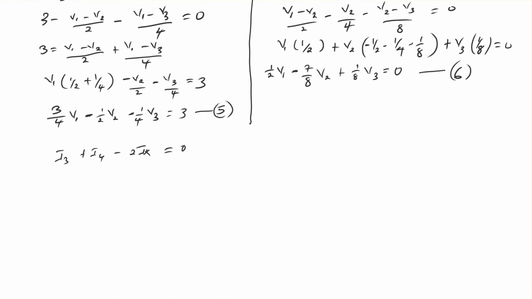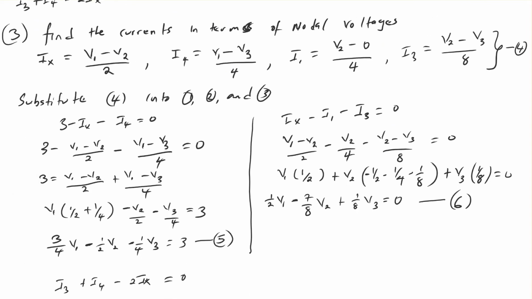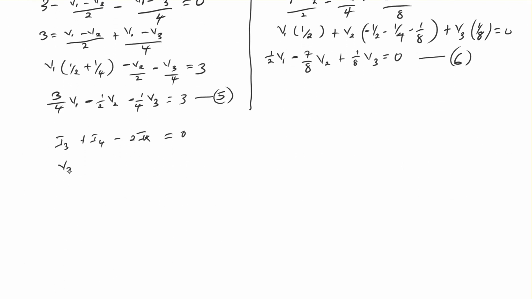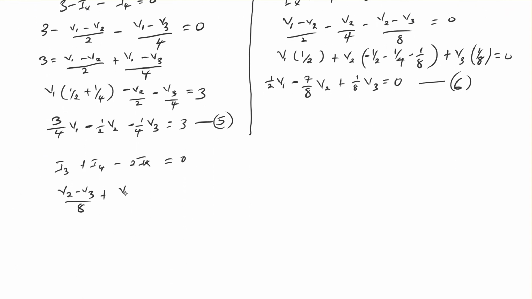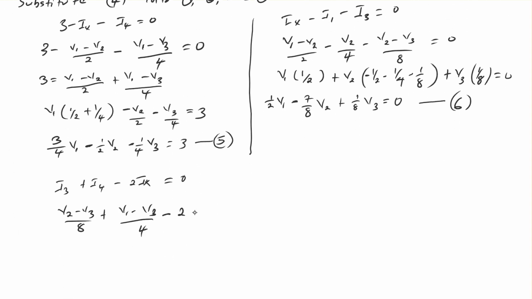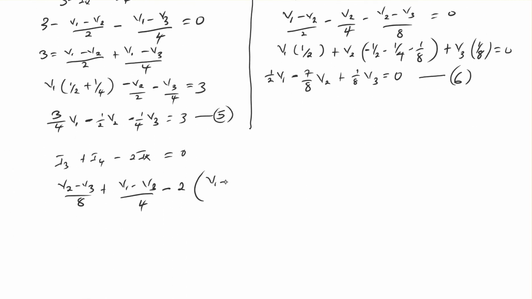So I3 is V2 minus V3 over 8. I4 is V1 minus V3 over 4, I believe, and minus 2ix. Ix is V1 minus V2 over 2. All this will give me 0, right?